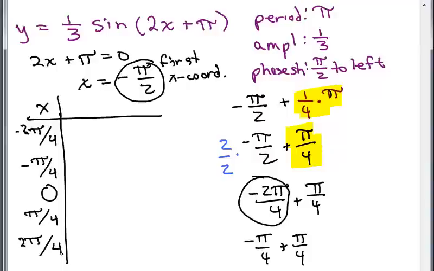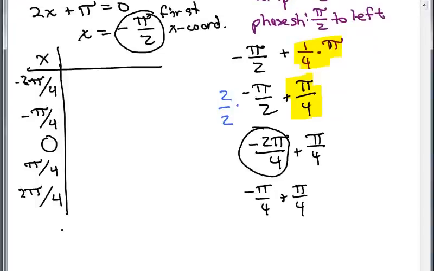And now the question is, is that a full pi units? Notice I started at negative 2 pi over 4, or you could think of that as negative pi over 2, right? And if the period is pi, you're adding pi, right?